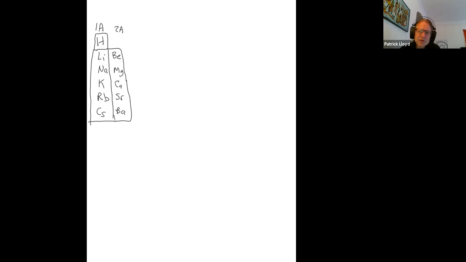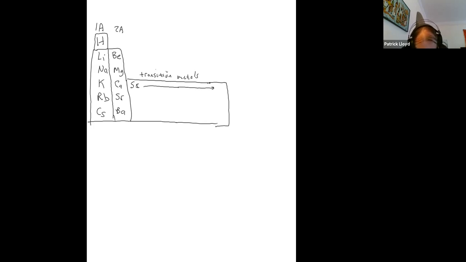So they tend to lose electrons. Then in the middle of the periodic table, you get these metals over here, and these are called the transition metals. They start here with scandium, element 21, and go all the way over here to zinc.